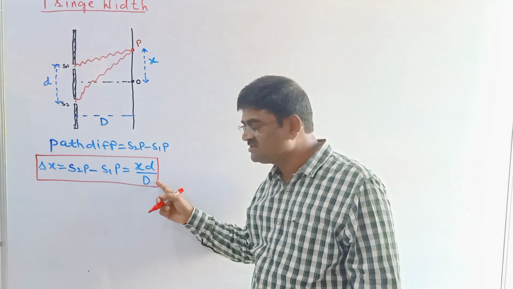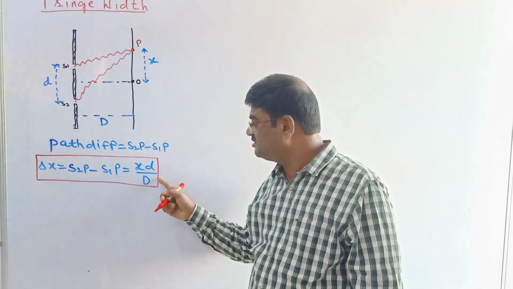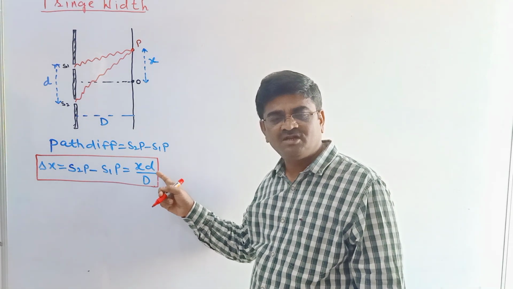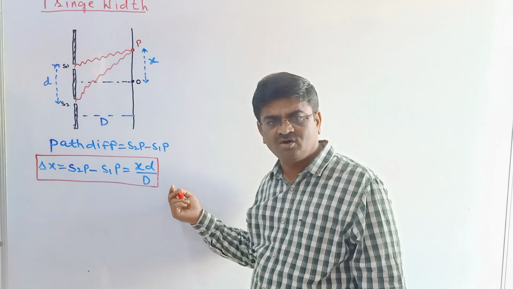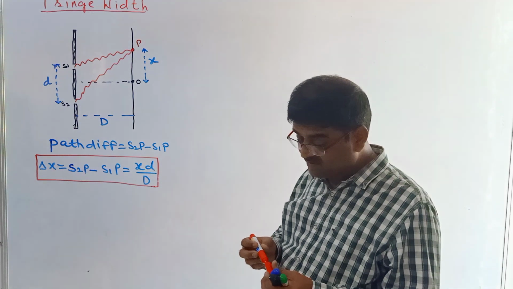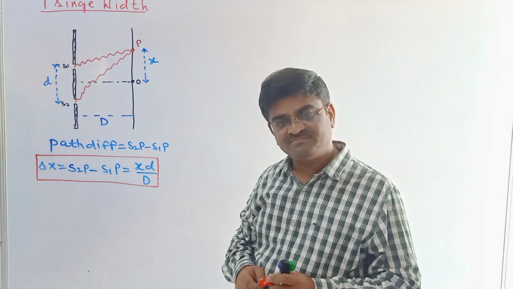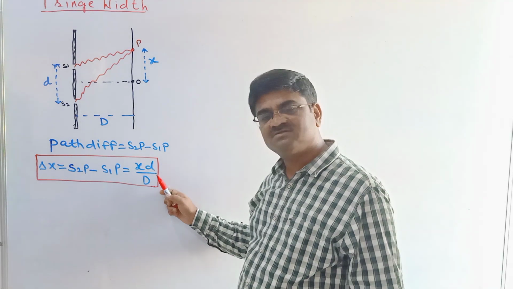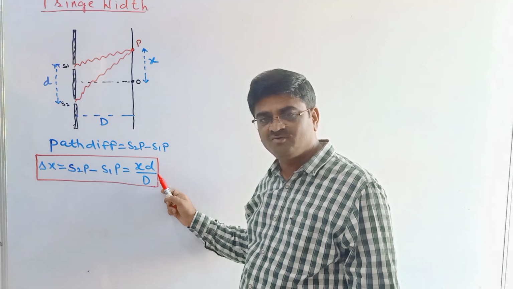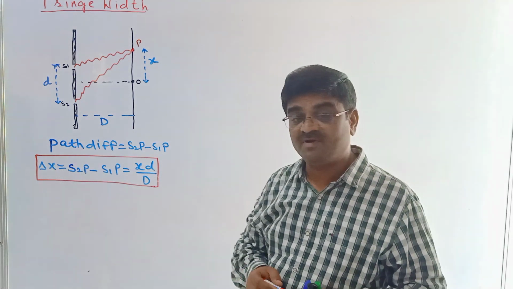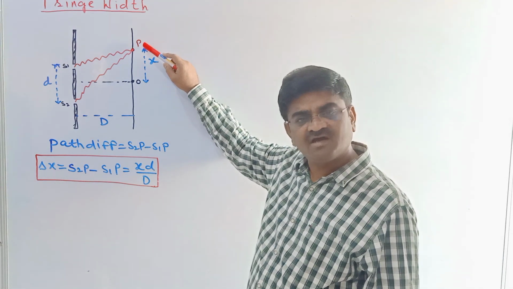If the path difference is 0, lambda, 2 lambda, 3 lambda, and so on, an integral multiple of lambda, you will have point P as bright. If the path difference is lambda by 2, 3 lambda by 2, 5 lambda by 2, an odd integral multiple of lambda by 2, you will have a dark region.